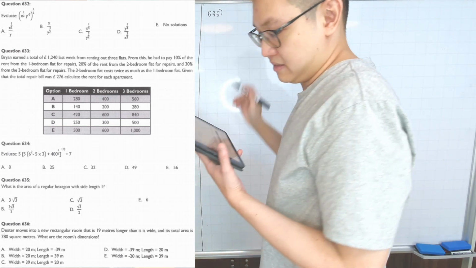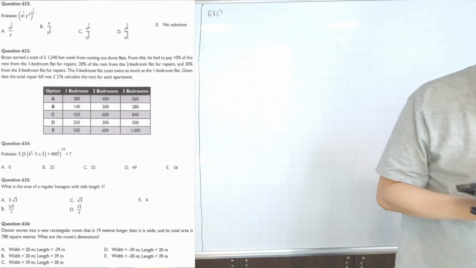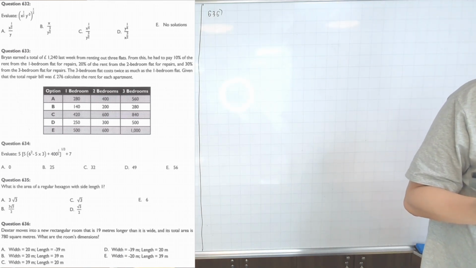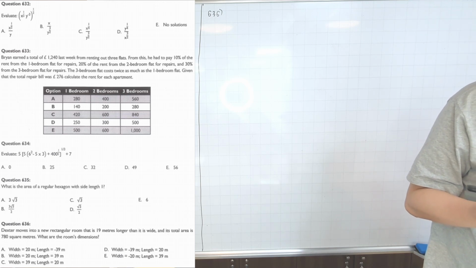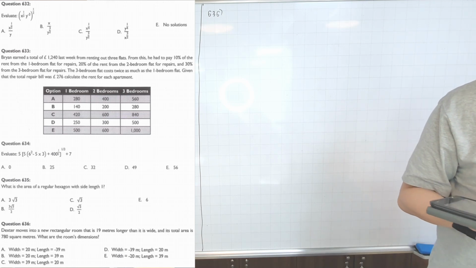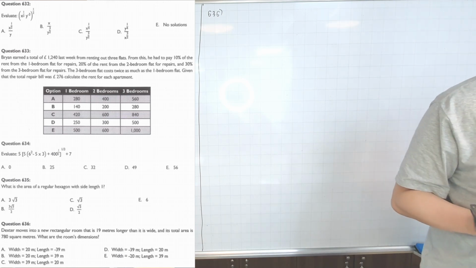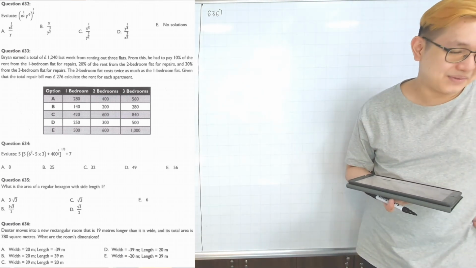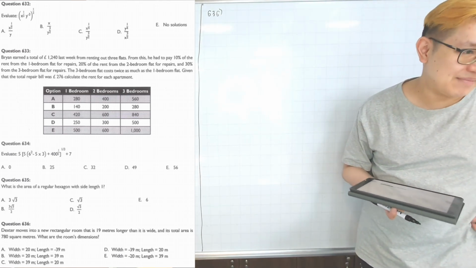Dexter moves into a new rectangular room. Oh, you know who Dexter is? The name Dexter. Có cái phim gì tên là Dexter. You don't know who Dexter is? Okay, check out that movie, you will know. He was a policeman, okay? And he killed bad people.